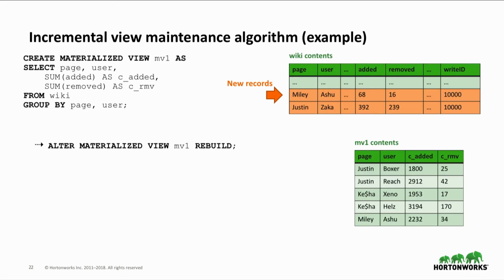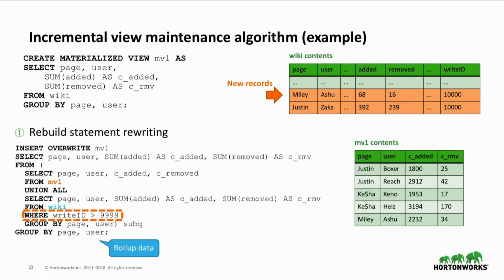So very briefly, with an example, maybe you will see it better. This is the same kind of example as before with the wiki, where you are grouping by page and user, and you are summing up the characters that were added and removed. You create your materialized view that has those contents, and then 2 new records arrive, right? One for Miley and one for Justin. And now you trigger your alter materialized view rebuild because you want to rebuild your materialized view contents.